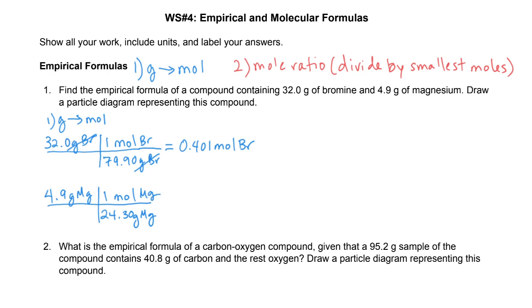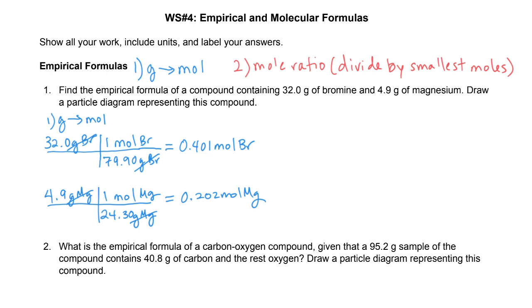And again, I knew to write the grams on the bottom so that they could cancel. And when I divided that, because it's 4.9 times 1 divided by 24.3, I got 0.202 moles of magnesium. So that was my first step, converting grams to moles.